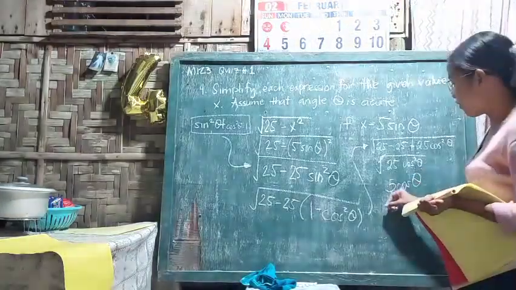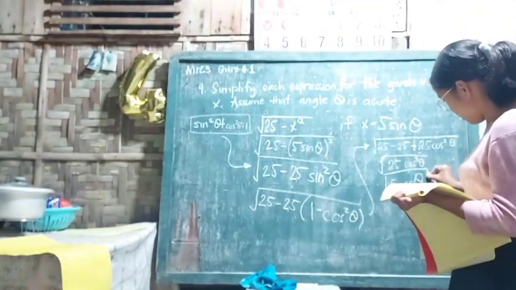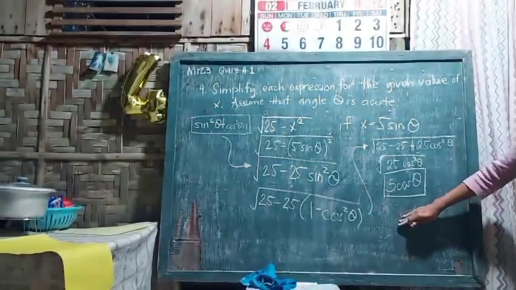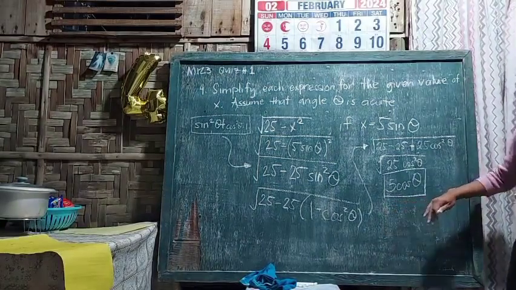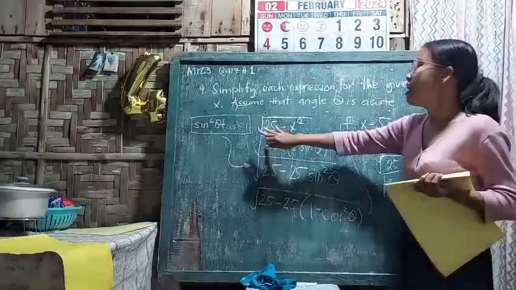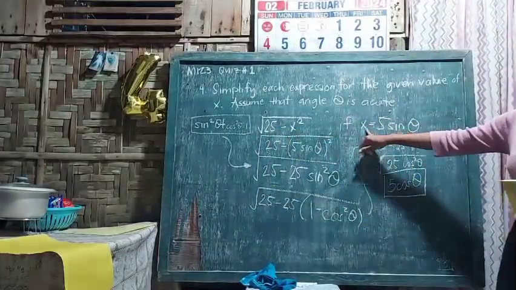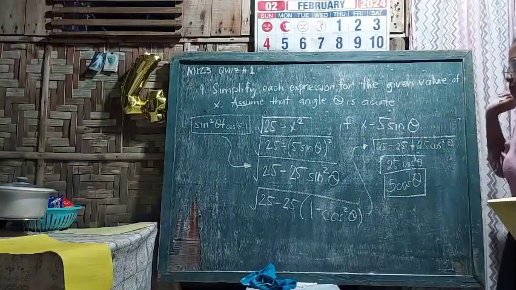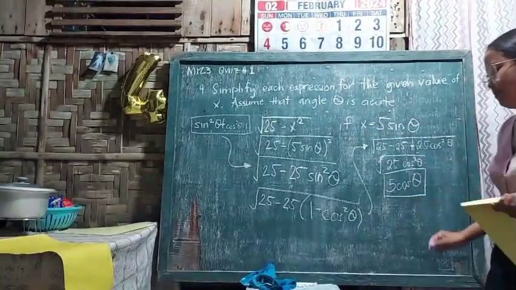Now the value of r, this would be our final answer: 5 cosine theta is our final answer. So if you simplify the square root of 25 minus x squared, where x is 5 sine theta, the answer would be 5 cosine theta.